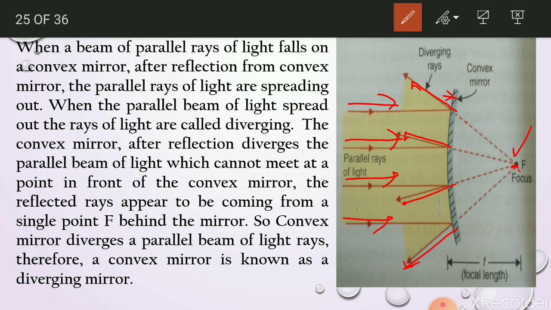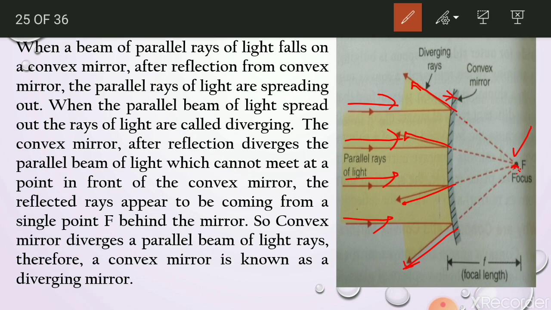So this point is called the focus. And the focus of the convex mirror is behind it. You can see the focus of this convex mirror is behind the mirror.